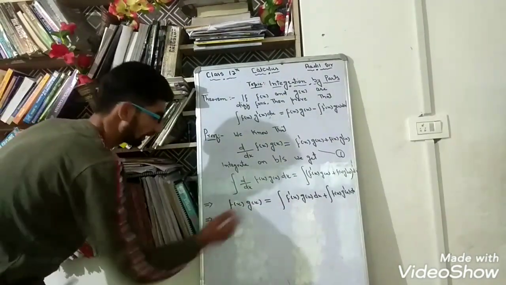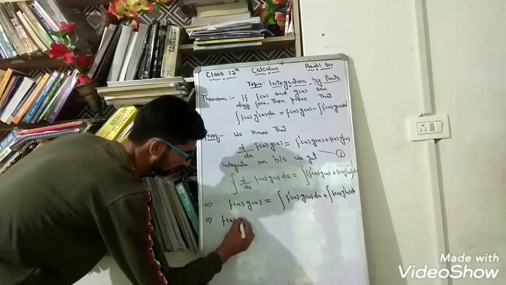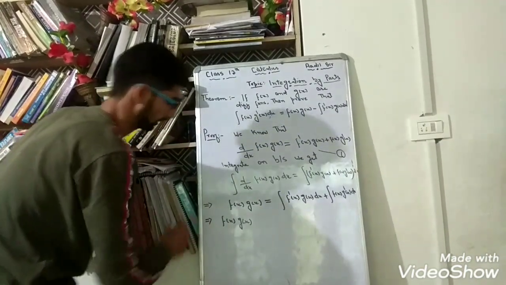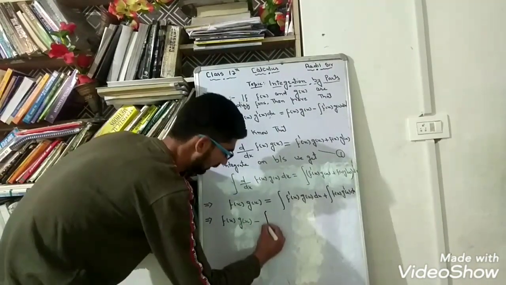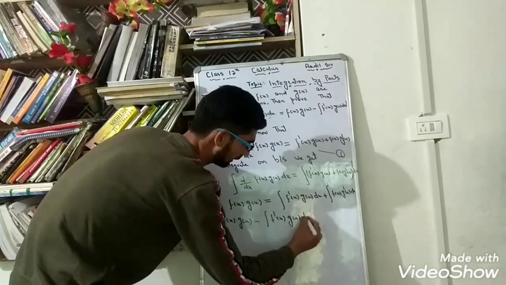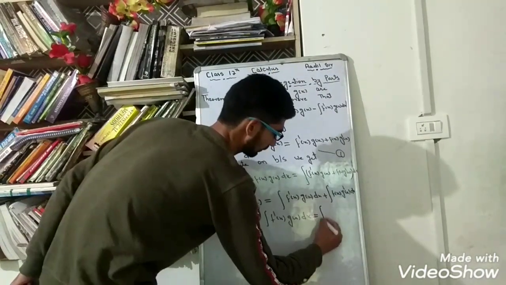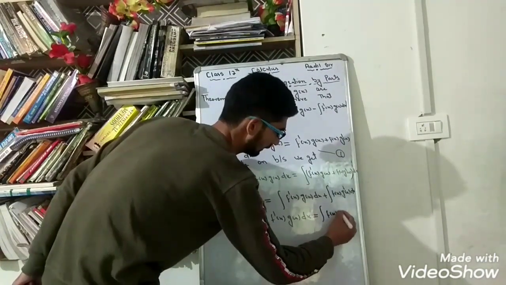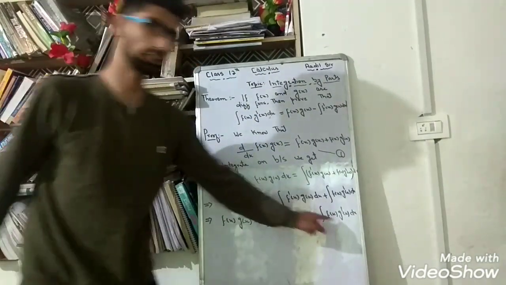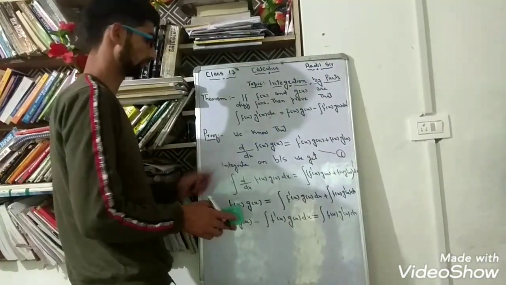When I transpose it, it will be f(x) g(x) plus, and when I transpose it to the left side it will get a minus, minus the integral of f'(x) g(x) dx is equal to this integral, f(x) g'(x) dx. Now I will write this integral first, and then I will write this here. So I hope you have written this.